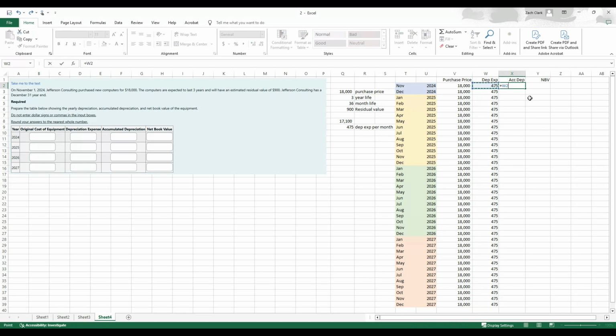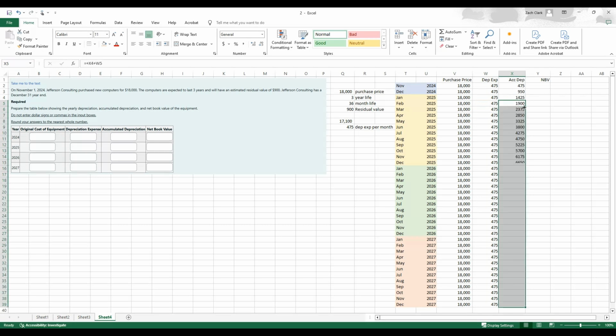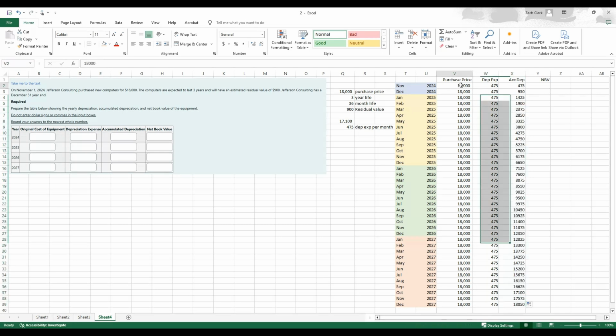Now, accumulated depreciation accumulates, as the name would imply. So it'll be 475 plus another 475 plus another 475. This formula will just add another 475. It's saying this last month plus this month. That's what that formula is saying there. And we can just drag that down or fill it in.